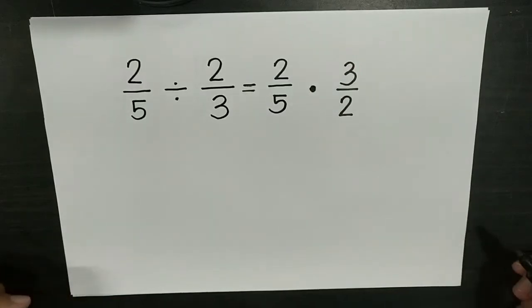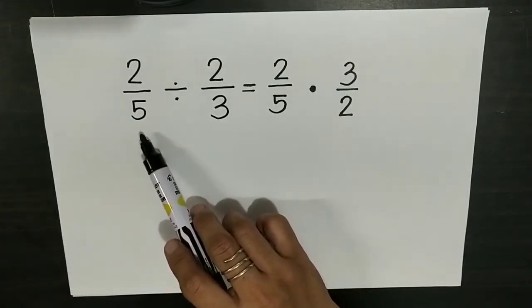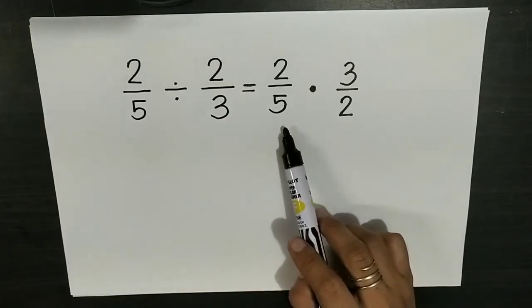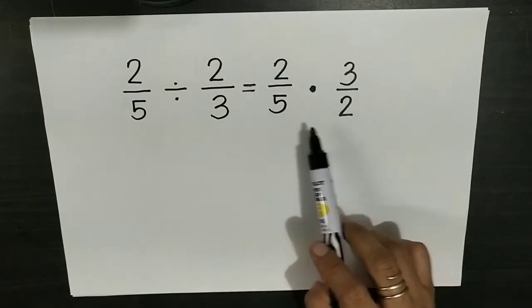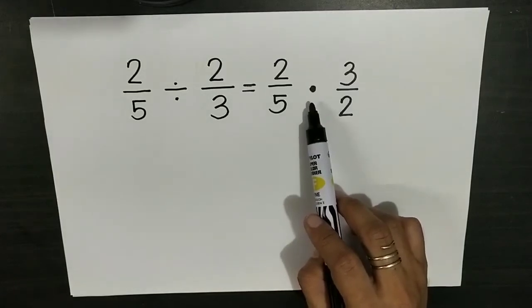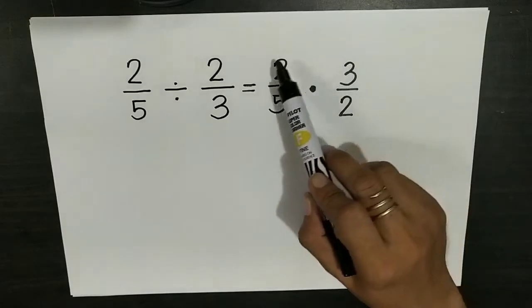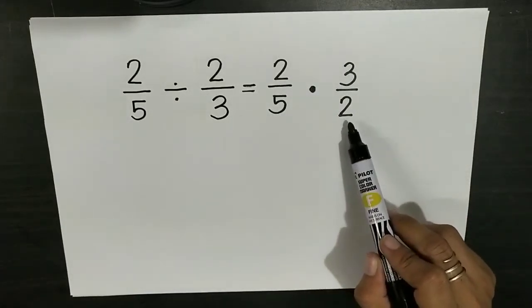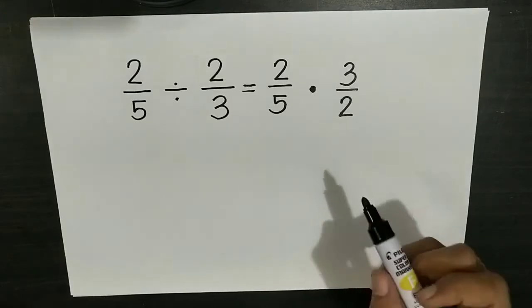Okay, so again, you will copy the first fraction, 2/5, then take the reciprocal of the second fraction, then from division operation, we will proceed to multiplication. That is why we need to remember the ways of multiplying rational algebraic expressions, because it is useful in this lesson.